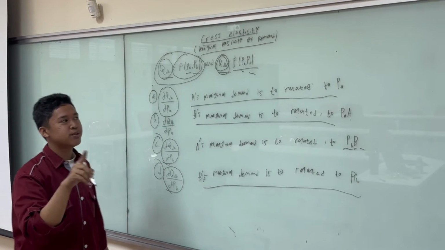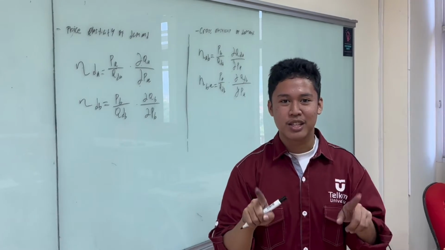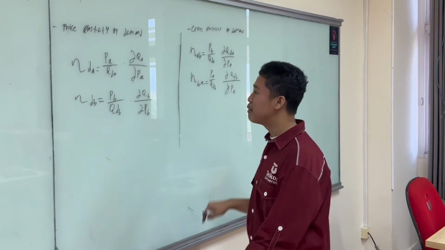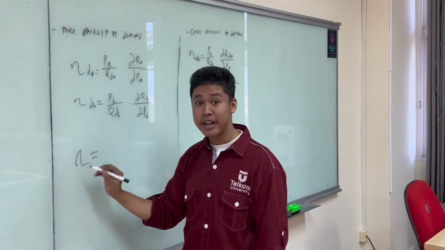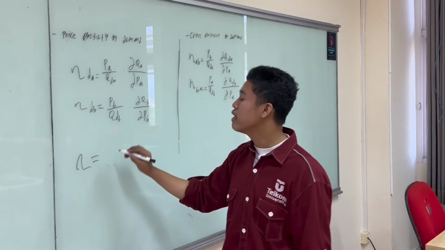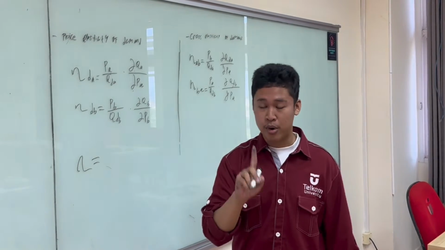Now let's move on to the next agenda. Let's move to the formula. Guys, remember, this is what we call nu, the formula of elasticity for more than one product.